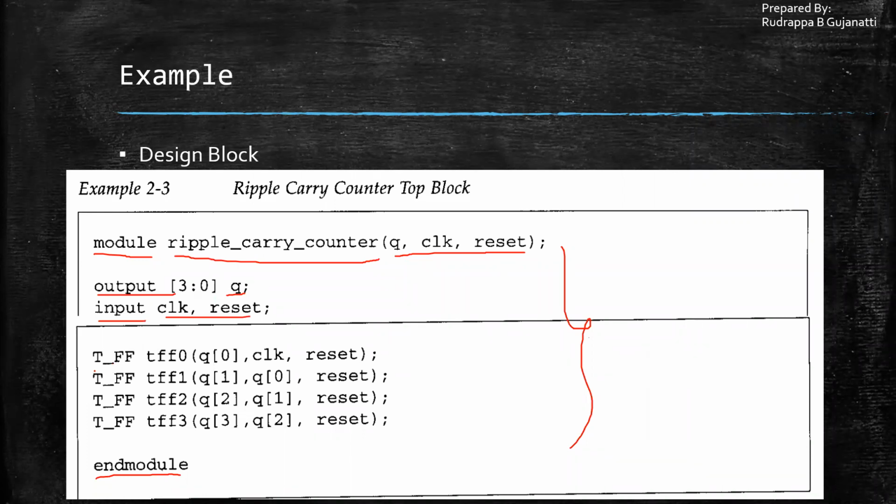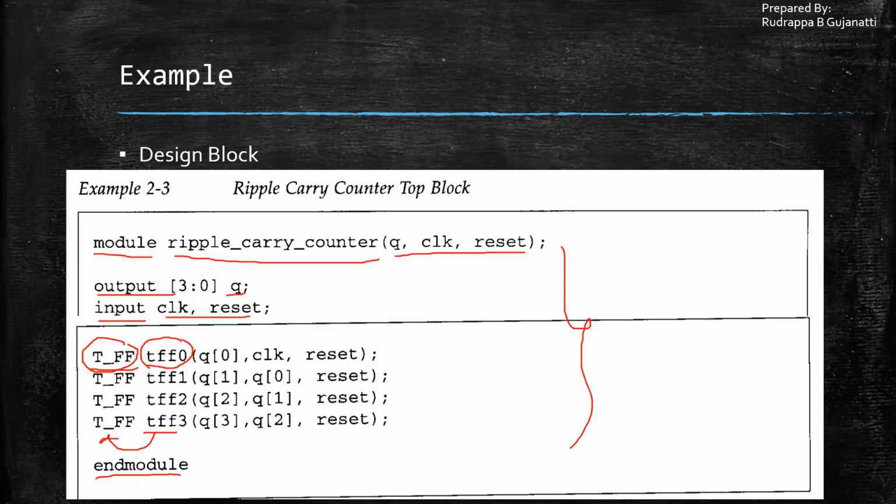Now here, as I discussed previously, T underscore FF is a template, or a module which has been defined. Using this template, I'm creating instances of T flip-flop. So TFF0, 1, 2, and 3 are all instances of the module T underscore FF.